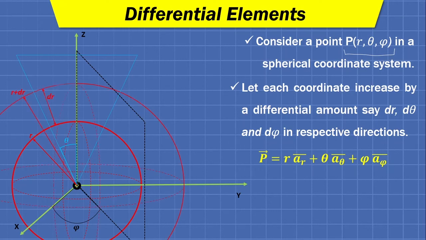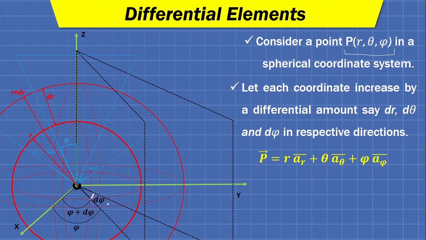Then let us draw another sphere with radius r plus dr. So here the outer sphere has a radius r plus dr, so the difference between the radii of these two spheres is dr. Now taking another half plane which is making angle phi plus d phi with the x-axis. So the difference between the angles of these two planes is d phi.